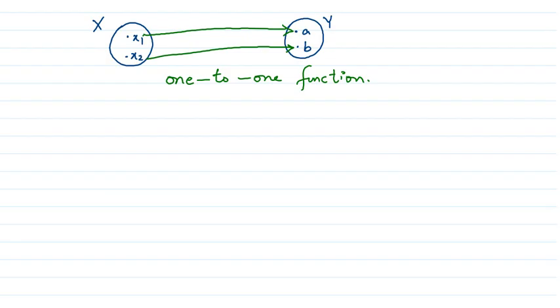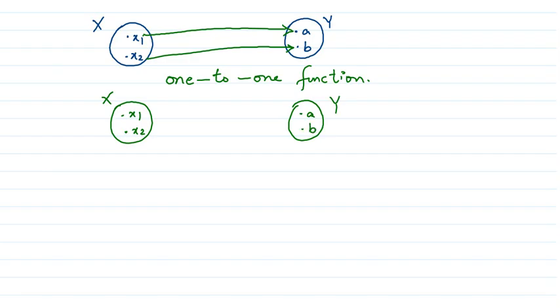Let me show it with the help of a diagram. For example, taking the same example of set X with two elements x1 and x2 and another set Y with two elements, say a and b.